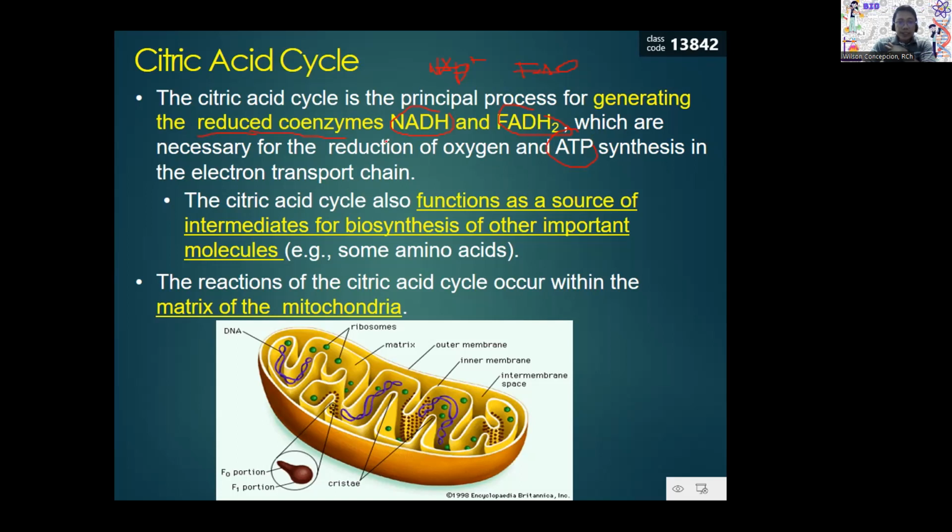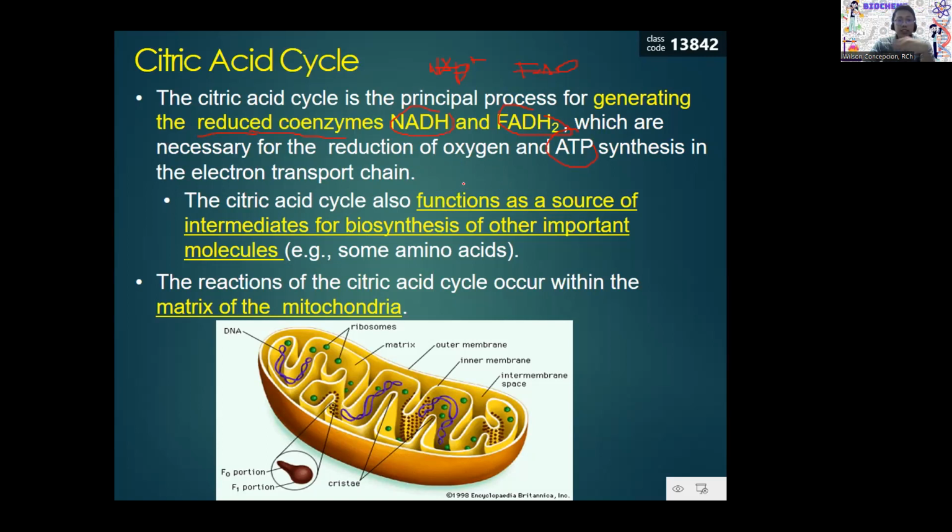Okay? So, in citric acid cycle, the different biomolecules are converted into another product. No? Ay nakalagay diyan is as a source of intermediates. 'Di ba? Yung mga 'yan, yung intermediates is yung mga acetyl natin. 'Yan yung sources natin eh, yung mga carbohydrates, protein and fats. 'Di ba? Yun yung source natin.